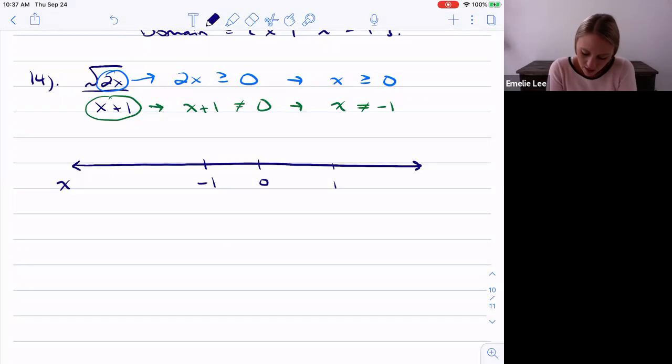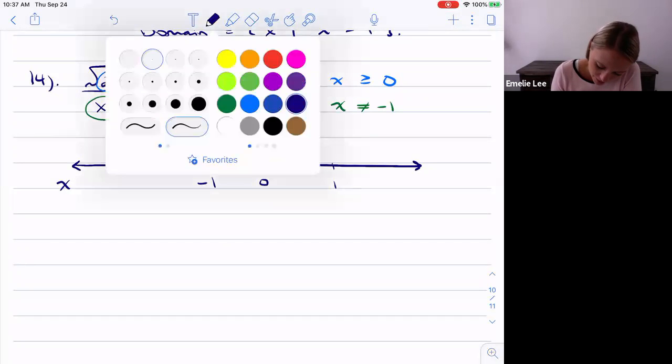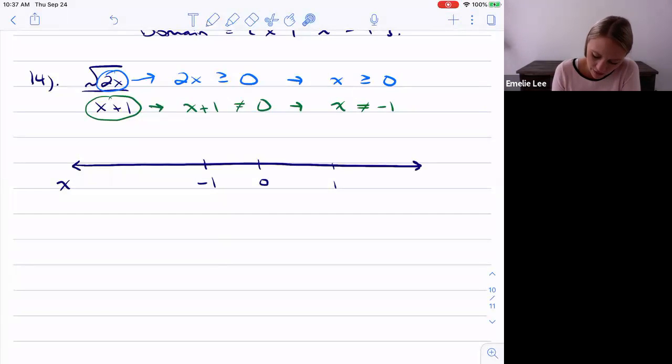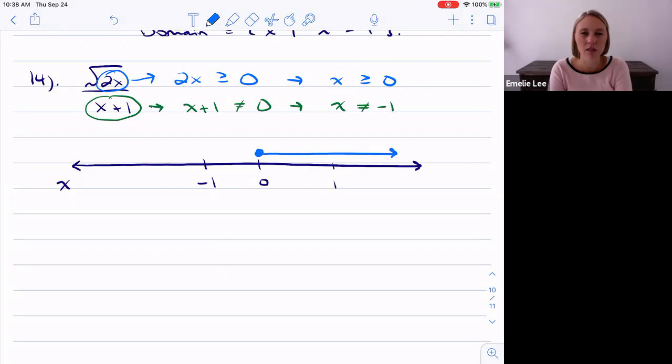So if I do my light blue domain, x has to be greater than or equal to 0. I've got a closed dot at 0, and then it just keeps going in the positive direction.